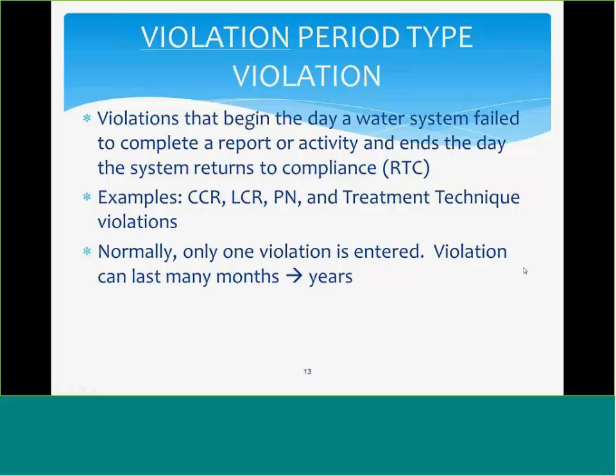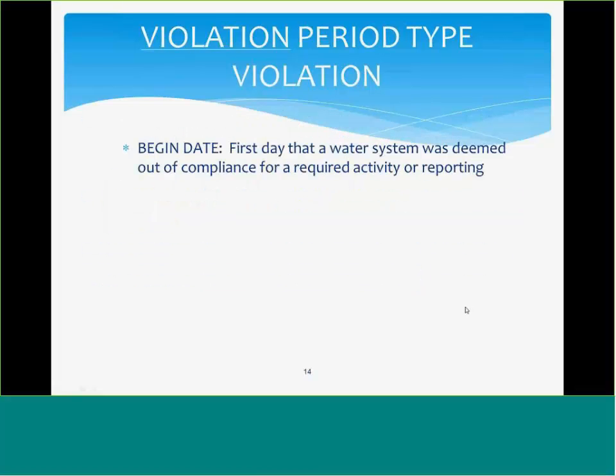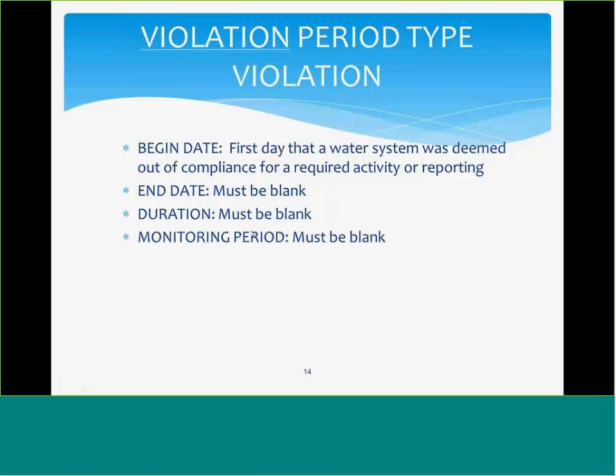Normally, only one violation is entered, and sometimes these can last months and even years. The begin date would be the first day that the water system was deemed out of compliance. The end date on these violations will be left blank, the duration will be left blank as well, and the monitoring period is left blank.